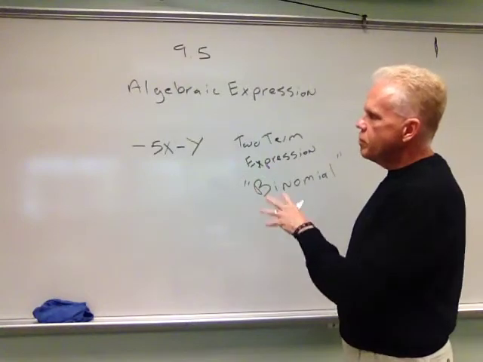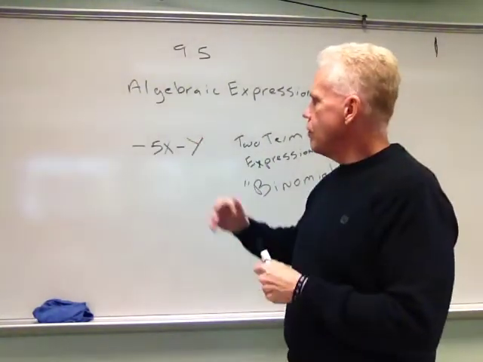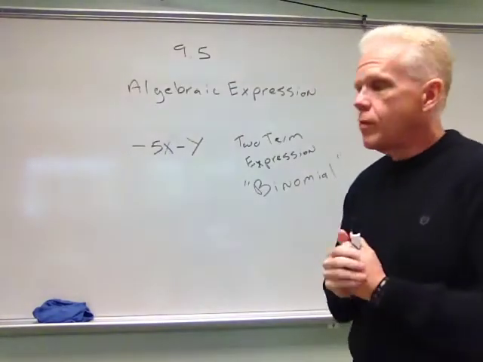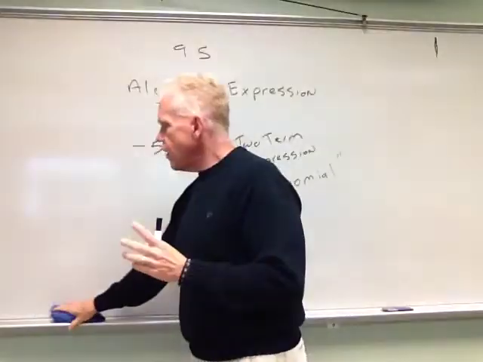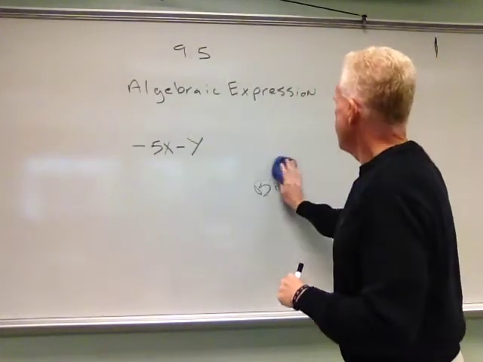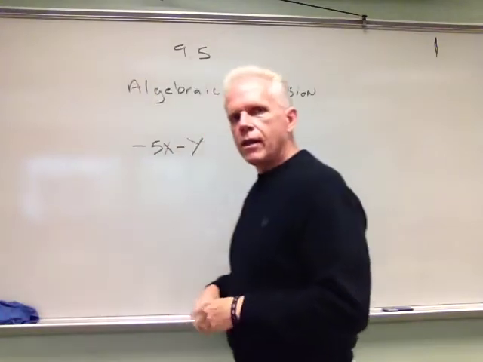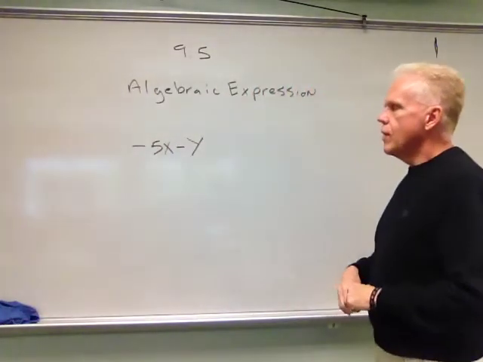Remember, with an algebraic expression, we can set the value for these variables at whatever we want. So let's say we've got this expression right here, -5x minus y, and we wanted to evaluate that given some values for x and y.